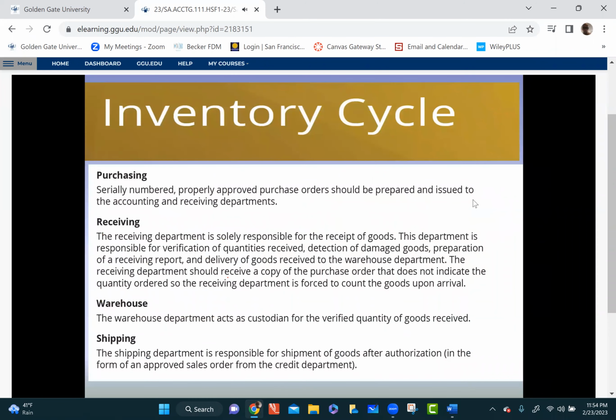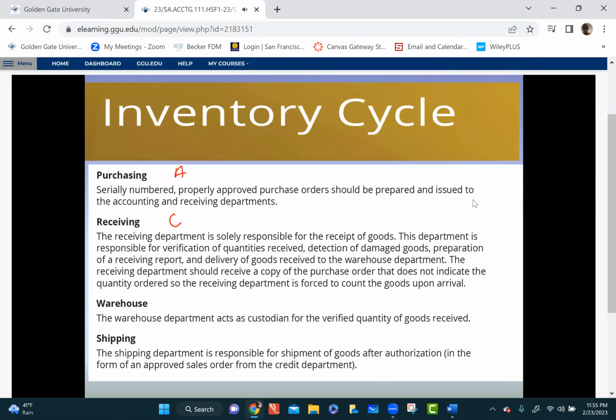Okay, good. Let's take a look at inventory. Again, I stuck inventory into the same set of slides as purchases. It's a different chapter, but the same set of slides, because you can see that a lot of what we've talked about already in the purchasing cycle is covered in the inventory cycle. So we have purchasing, that is authorization.